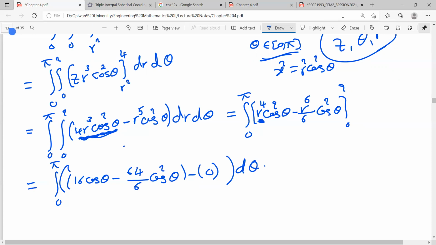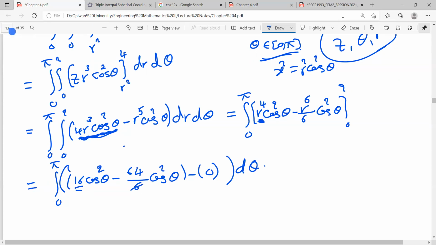Now we simplify this. We have 16 cosine squared of θ minus 64 over 6 cosine squared of θ. We just find the sum of these two. First let's simplify this.